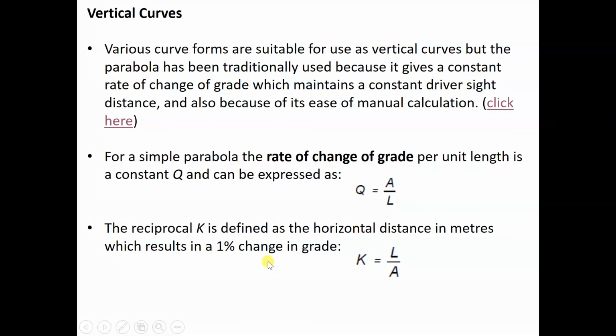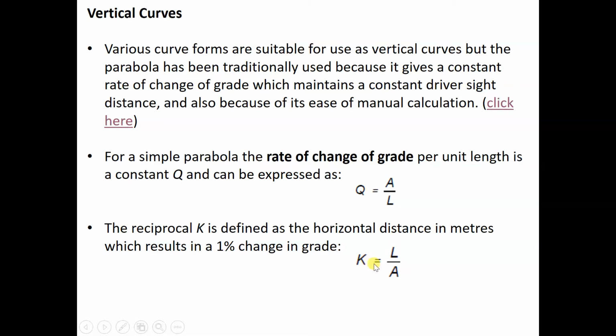And now K is being used more frequently, I think. Most of the time when we define the slope, we use K instead. K, the reciprocal, is defined as the horizontal distance in meters which results in a 1% change of grade.